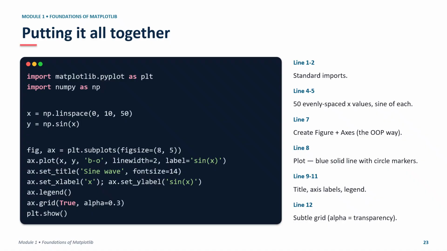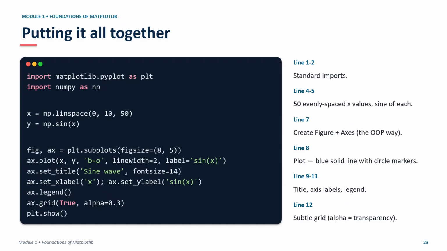So putting it all together, let us first analyze the code altogether. We have imported the Matplotlib library, and we have imported NumPy. Now we have come across the method called linspace. In linspace, 0 indicates the start, 10 indicates the stop, and the number is 50.